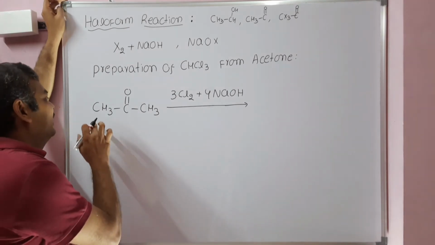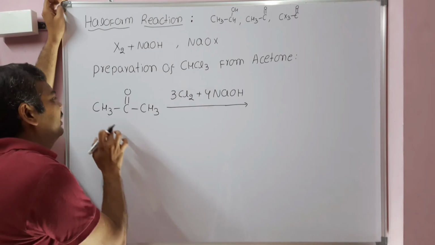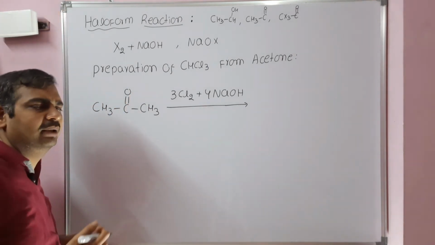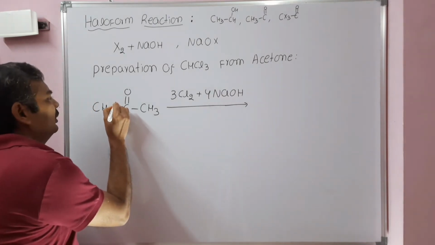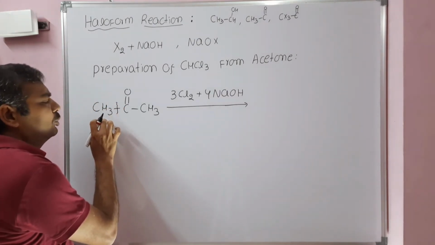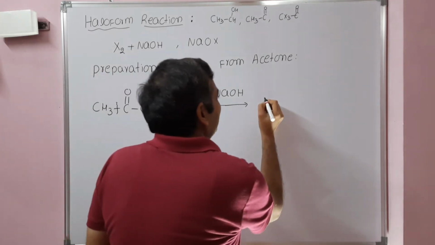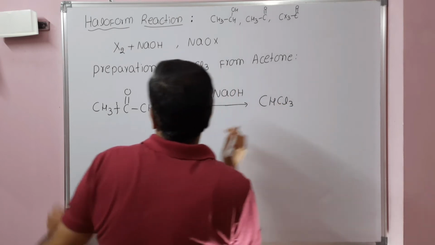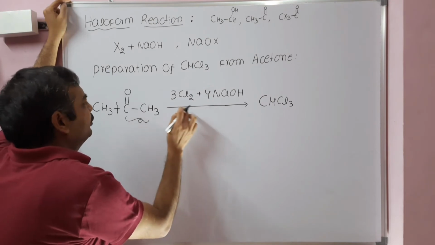After getting trichloroacetone, our last mole of sodium hydroxide will attack the trichloroacetone, and we end up with chloroform. This one part will be converted into chloroform and the other part will be converted into salt.